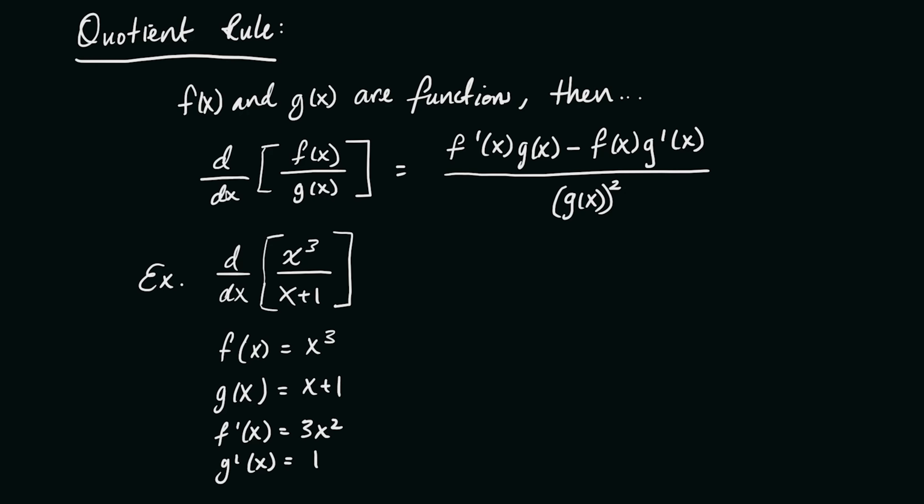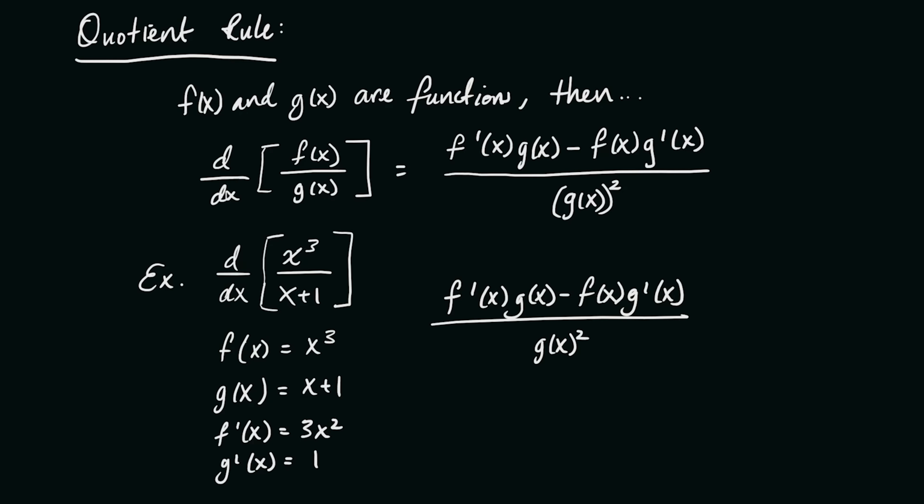So now, let's put it into the equation that we have here. So, of course, f prime of x times g of x minus f of x times g prime of x over g of x squared, right?